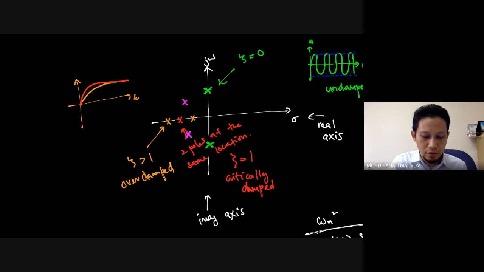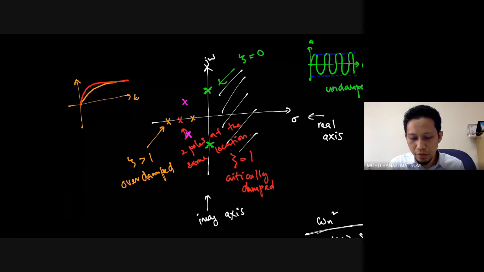Before that, I forgot to mention that we will not consider the right-hand side of the S-plane. Why? Because if the pole is located on the right-hand side of the S-plane, the system becomes unstable. What does unstable mean?